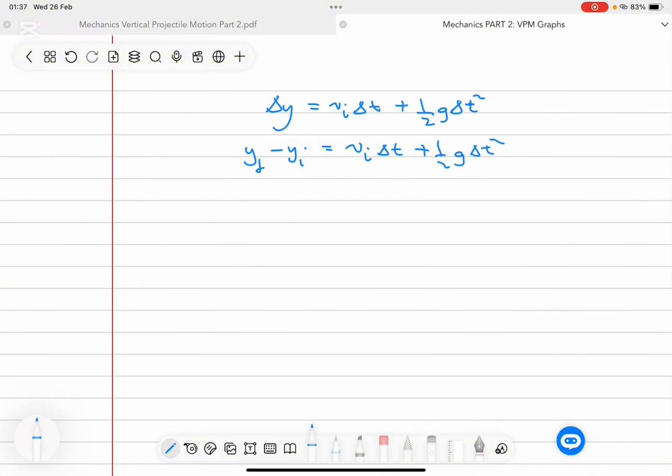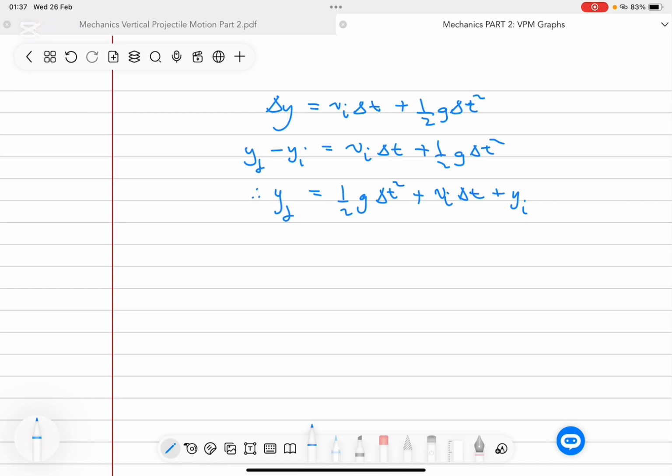The equation can therefore now be written with the final position equal to, and I'm going to rearrange this side so that I start with the 1/2 g time squared, plus the initial velocity times time, and of course our initial position, a positive yi.